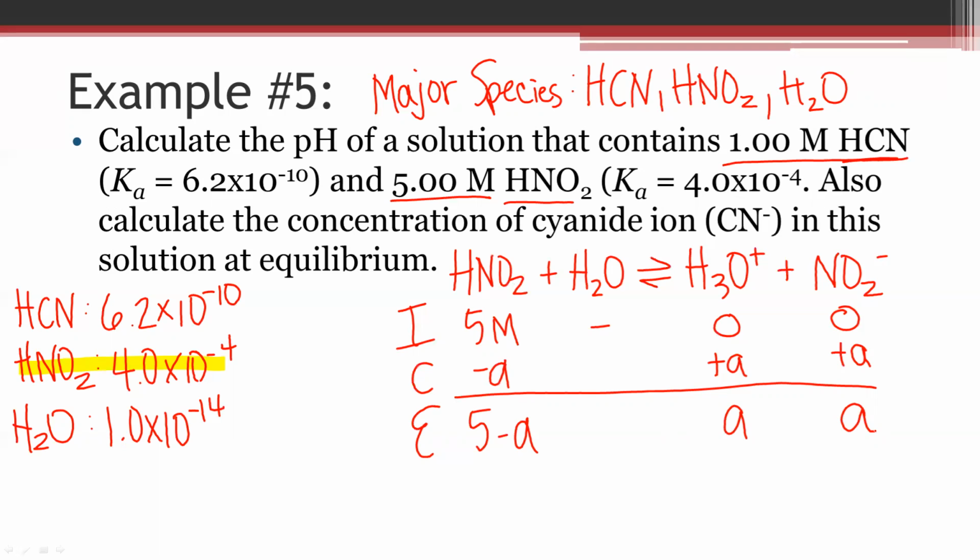Okay, so next we're following along with the rest of example 4, where we substitute in and solve for A. This time, remember, we're using the HNO2. So the Ka value for that, 4.0 times 10 to the negative 4, is equal to, and I'm just going to simplify here, A squared over.